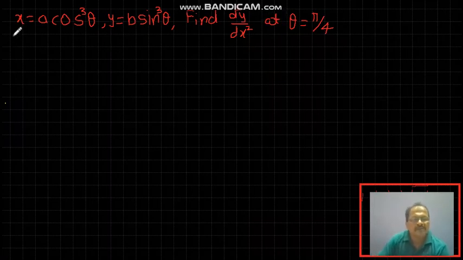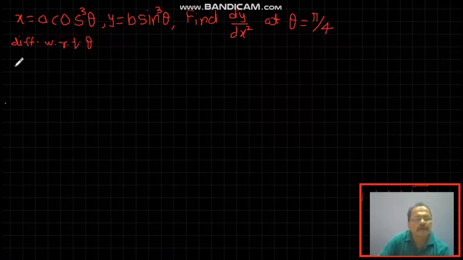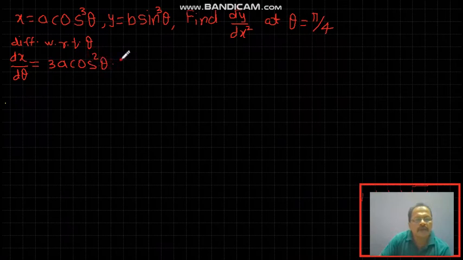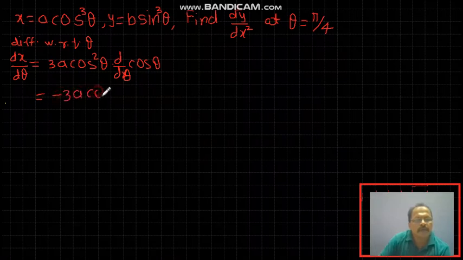Now this problem is solved in the book, but I would like to explain it for you. x is equal to a cos cube theta, differentiating with respect to theta, we get dx by d theta is equal to 3a cos square theta into the derivative of cos theta with respect to theta, equal to minus 3a cos square theta into sin theta.